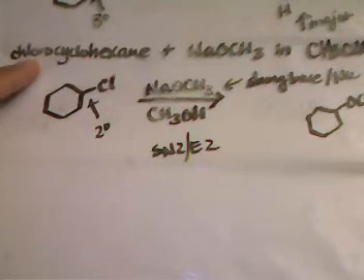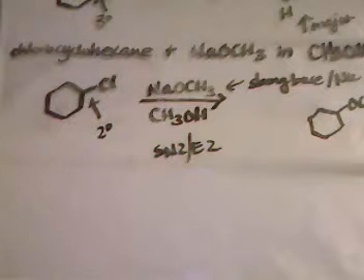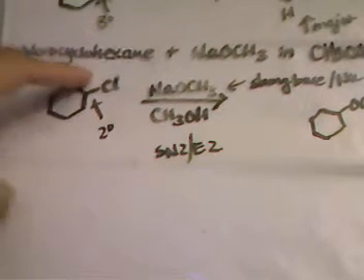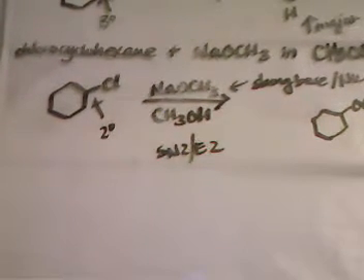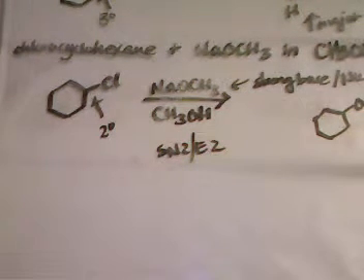Part D asks us to decide if elimination, substitution, or both can happen for chlorocyclohexane in tert-butoxide.